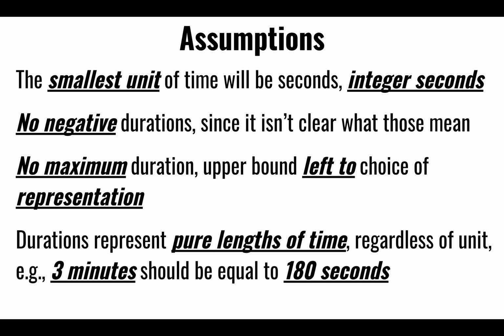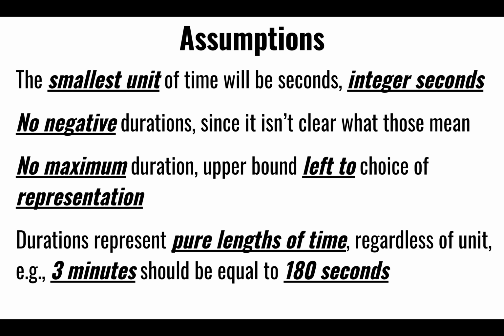Depending on how you're implementing this, whether you're using integers, longs, doubles, floats, however you want to represent this data, that will be the limitation on the maximum duration you can represent. So we'll kick the can down the line, and have each way that you represent it decide what the maximum value of the duration is.